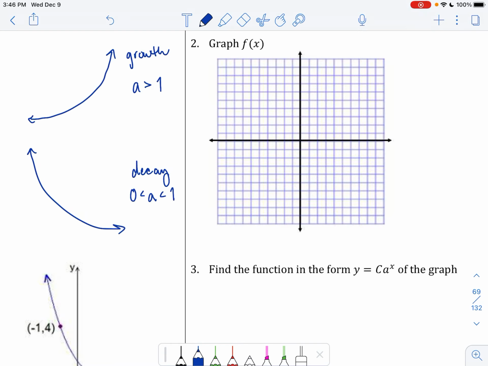If I'm asking you to graph, here we have f of x, which is 8 to the x. What I always recommend that you start with is finding your y-intercept. If you want to find your y-intercept, remember that's f of 0 because it's where x is equal to 0. This is 8 to the 0. Anything to the 0 power is 1. So we know that it will go through the point (0, 1).